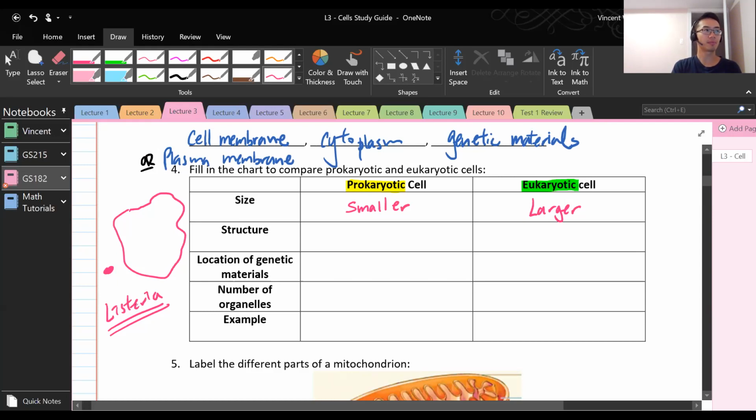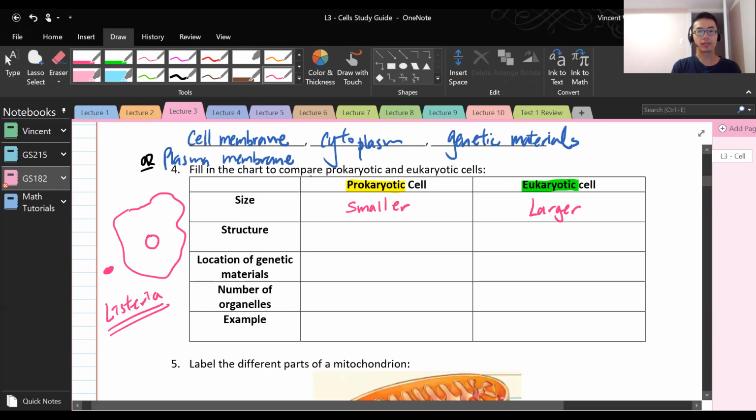Listeria is a bacteria, a prokaryote, and it will actually go inside the eukaryote and cause all kinds of problems. So that's the size difference.